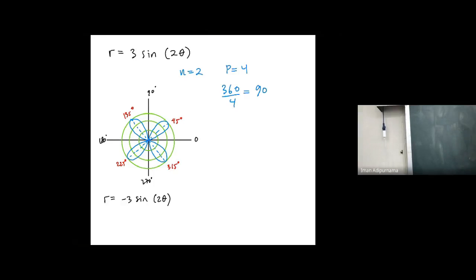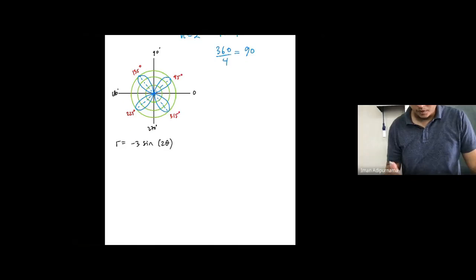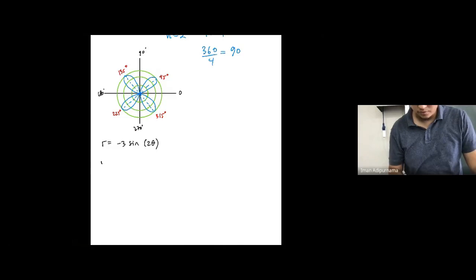Okay, now if I'm multiplying the n with, let's say, 4 theta, these petals will become like 2. This 2, this 2, this 2 become 8. Okay. So the easy way to remember the graph is to look at the pattern. Let me draw the r.